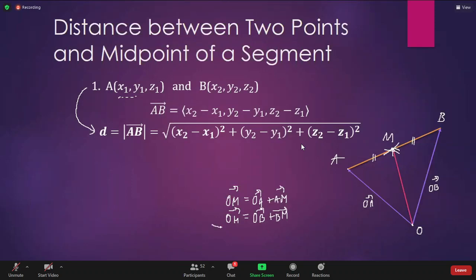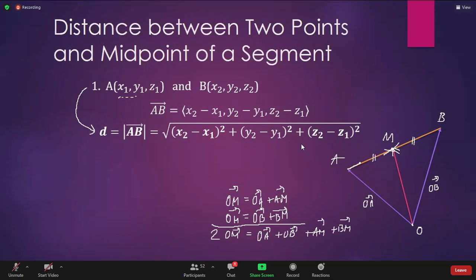So if I add up these equalities, I get 2 times OM equals OA plus OB plus AM plus BM.